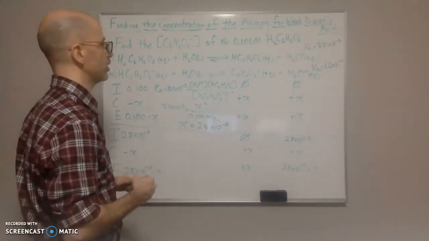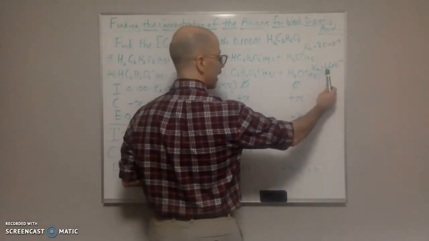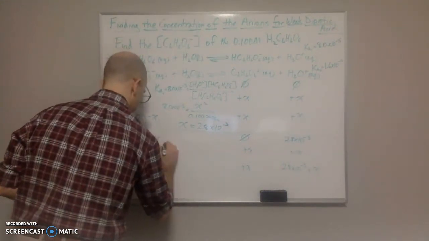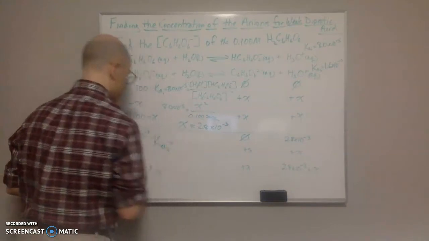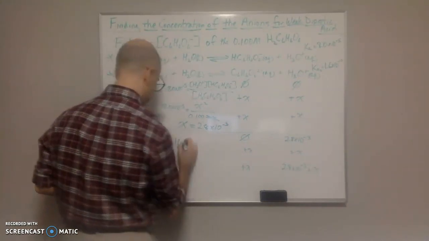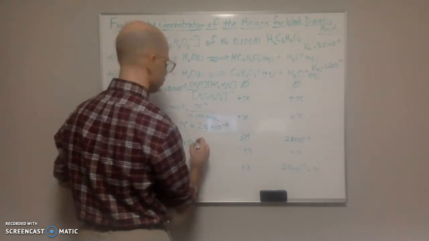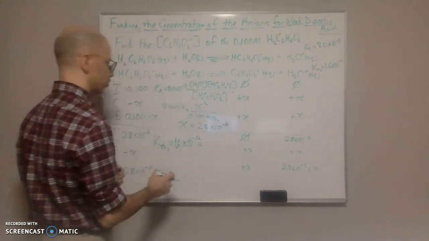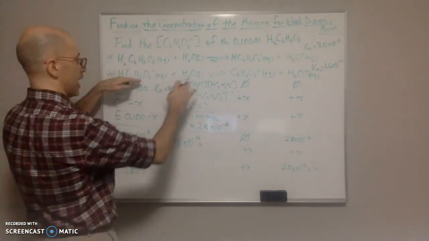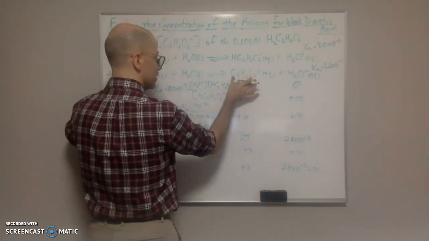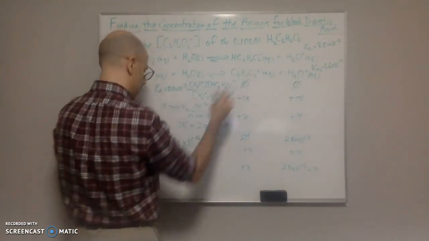And now what we need to do is use our Ka2 value to set up Ka2. So Ka2 is equal to 1.6 times 10 to the negative 12, and that's going to be equal to the concentrations of these two, H3O plus and C6H6O6 minus.